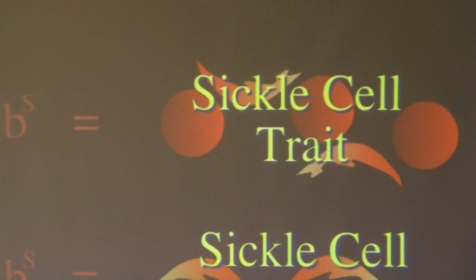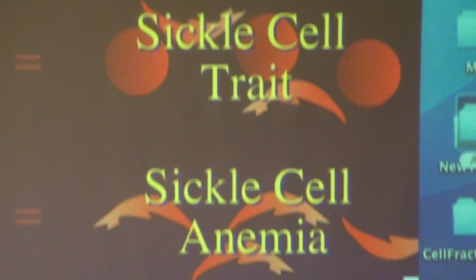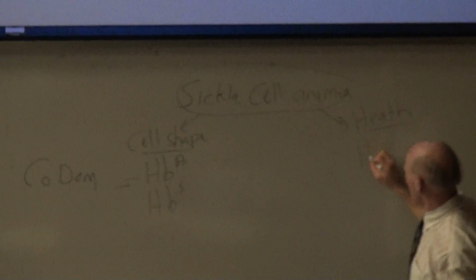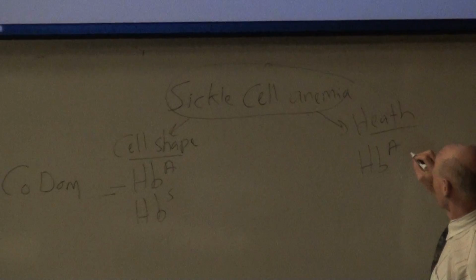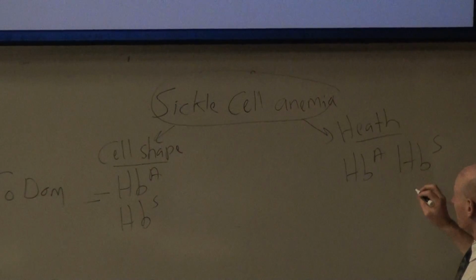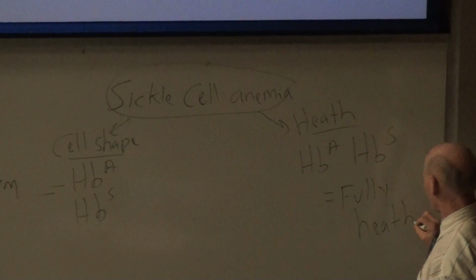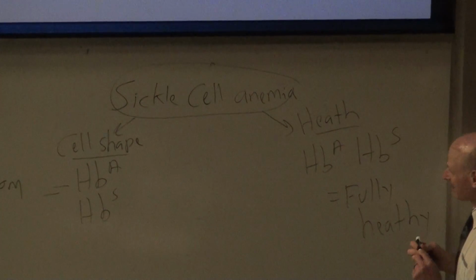But if instead you focus your attention on the health aspects of the disease, then if you have both alleles, you are fully healthy. You're not halfway healthy or anything.